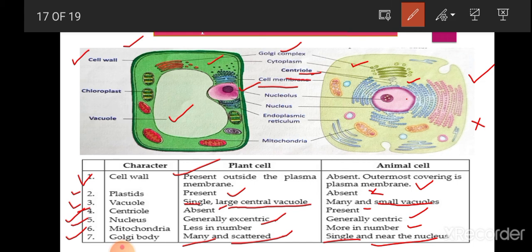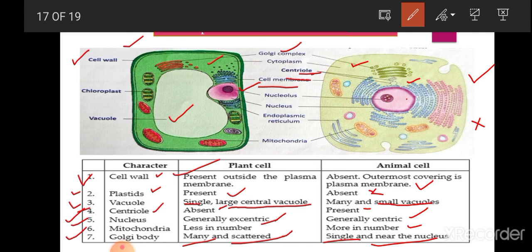So this is the basic difference between plant cell and animal cell. The basic thing is that the cell wall is present in plant cells, and absent in animal cells. Plastids are present in plant cells, and absent in animal cells. Vacuole is single and a large central vacuole in plant cells, and there are many small vacuoles in animal cells.